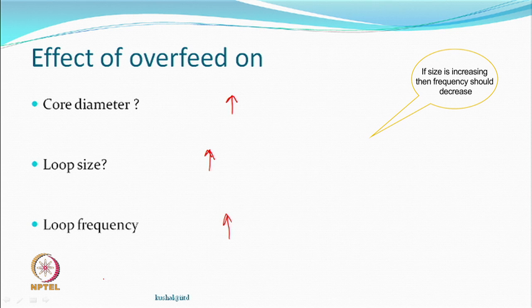If size increases, then frequency should decrease, but the number is also increasing, because the length being given is also more. You have 10% overfeed, then 20% overfeed, 30% overfeed, 40% overfeed. So, excess length of the filament is available, which can bend.